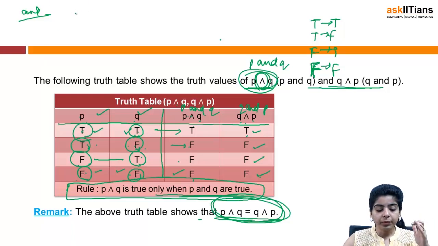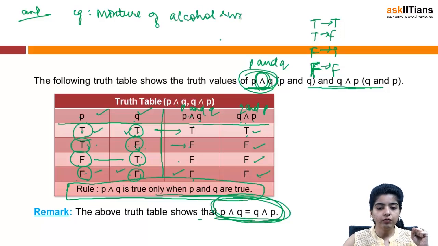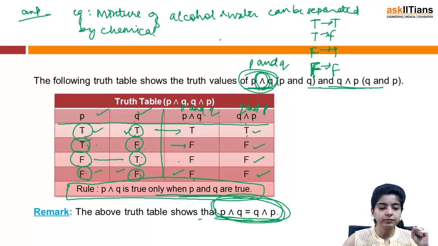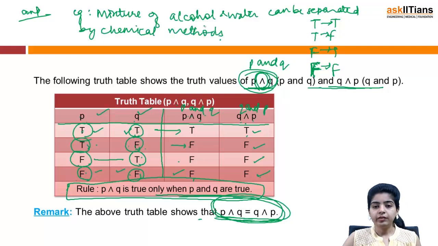For example, let me take an example: the mixture of alcohol and water can be separated by chemical methods.